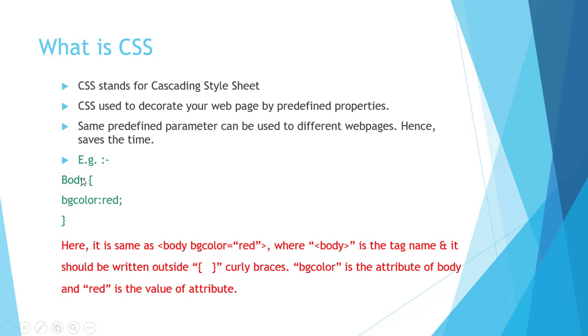Before the curly bracket starts, my tag name will come, and in the curly bracket my attribute, colon, my value will come. So here the attribute of body is bgcolor and red is the value of that attribute. So this is how we can write our style sheet. This is one of the examples.